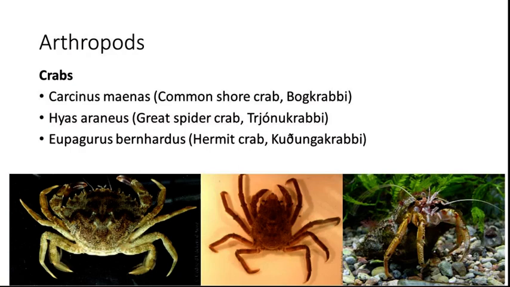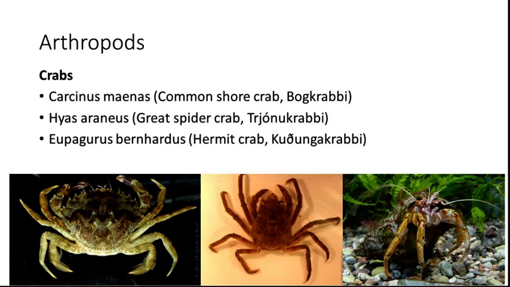And sometimes they can't find a shell of the appropriate size. So they sometimes just use plastic junk, and you can see them squeeze their little bodies inside of different kinds of plastics.